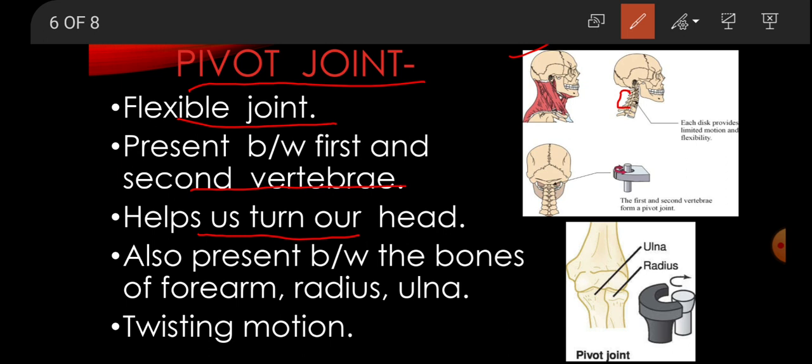A pivot joint is also present between the bones of the forearm, radius and ulna. Look at this picture here. You can see pivot joint between the radius and ulna. This joint helps us to make a twisting motion. With the help of this joint, we are able to open the lid of a jar.